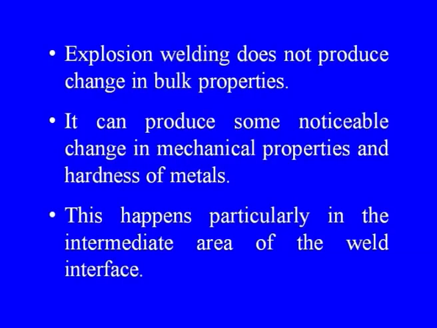Explosion welding does not produce change in bulk properties. It can produce some noticeable change in mechanical properties and hardness of metals. This happens particularly in the intermediate area of the weld interface.